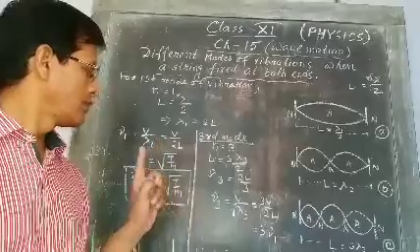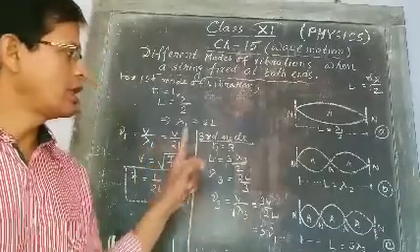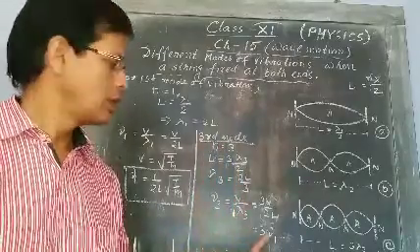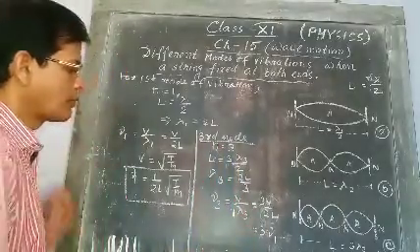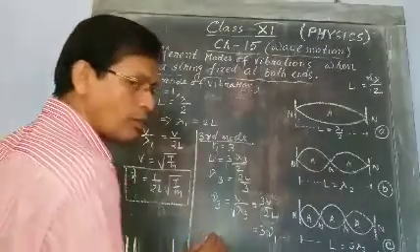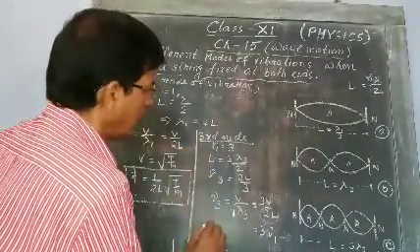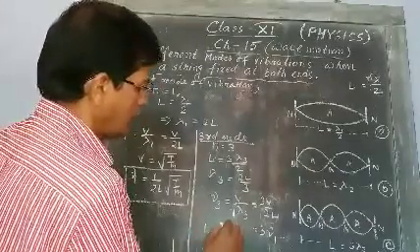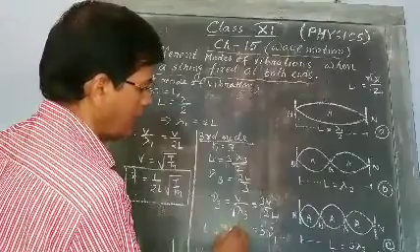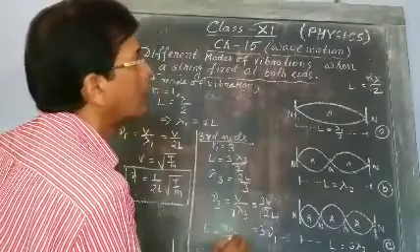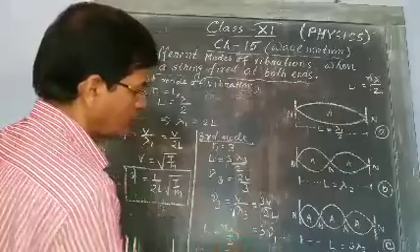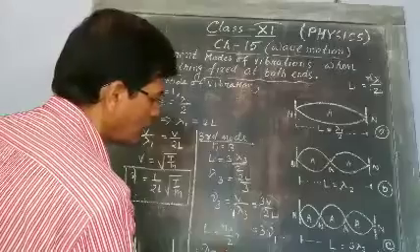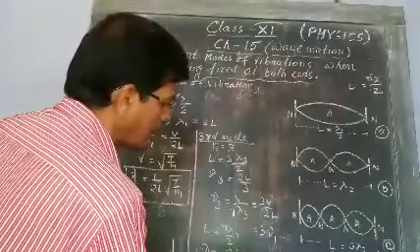We have got first harmonic or fundamental frequency, second harmonic twice nu1, third harmonic thrice nu1. In this way, we will get for n: L equal to n lambda n by 2. So lambda n equal to 2L by n.